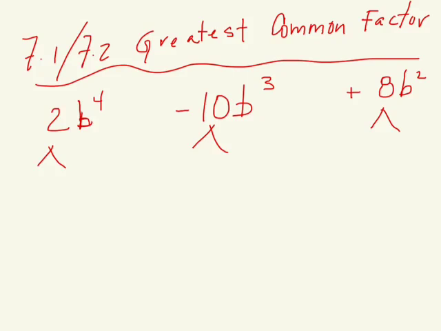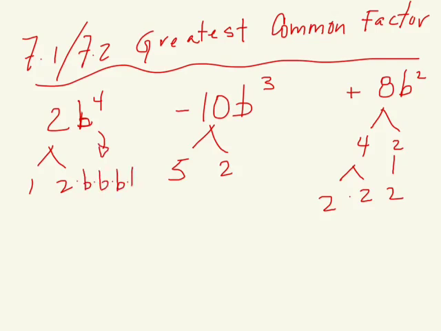And we did, well, 2 is just 1 times 2. So that's the product of primes is already there. 10 is 5 times 2. 8 is 4 times 2. Then you can break this into 2 times 2. You can bring this 2 down. So you break it into primes. Well, you can actually break this b to the fourth down into b, b, b, b.